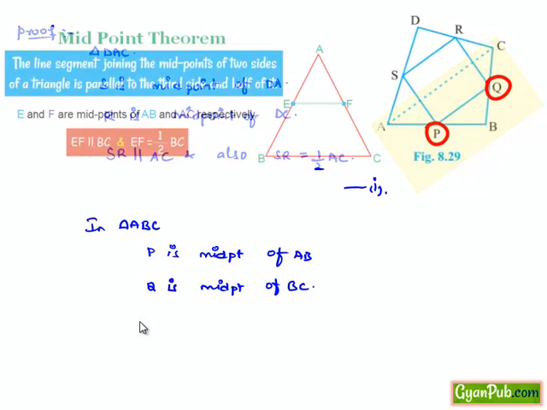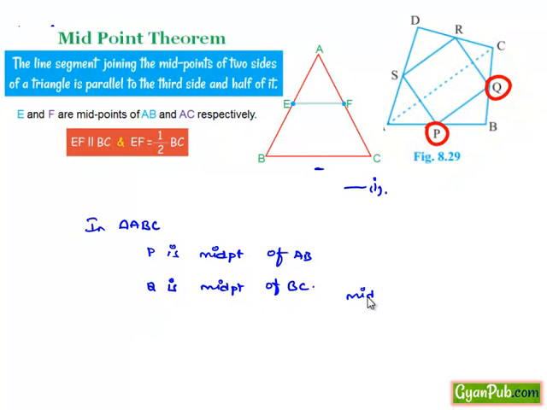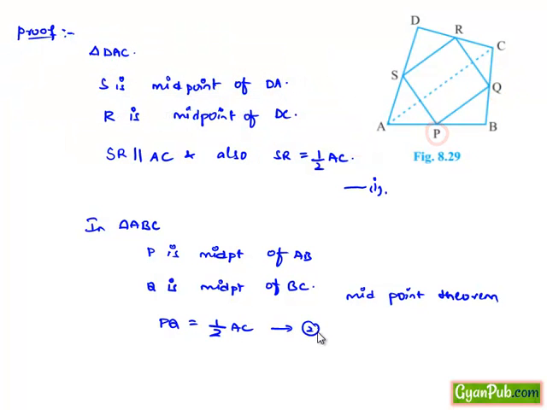Then from midpoint theorem we can say that PQ is equal to half times AC. Let it be the second equation. From proof 1 and equation 2, as SR is equal to half AC and PQ is equal to half AC, SR is equal to PQ. This is what our second proof required.